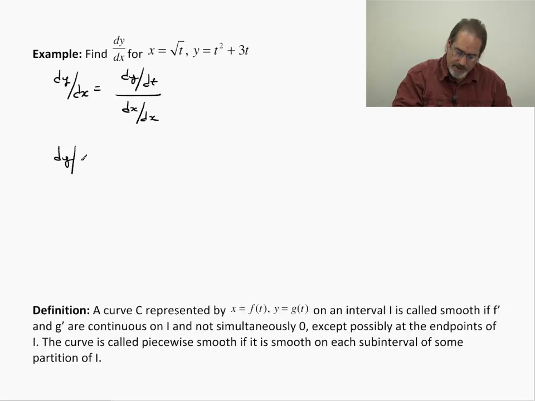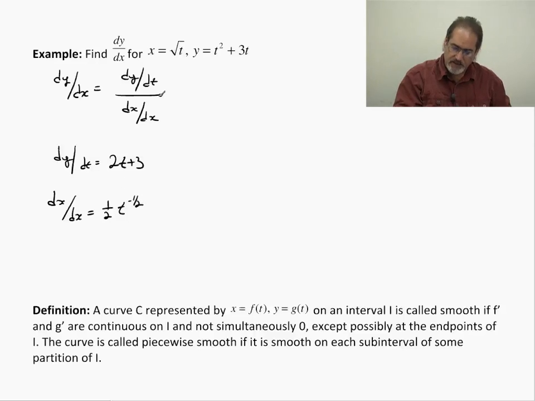Well, let's see, dy/dt, the derivative of y with respect to t, is going to be 2t plus 3. dx/dt is going to be 1/2 t to the negative 1/2. Therefore, dy/dx is (2t plus 3) over (1/2 t to the negative 1/2).